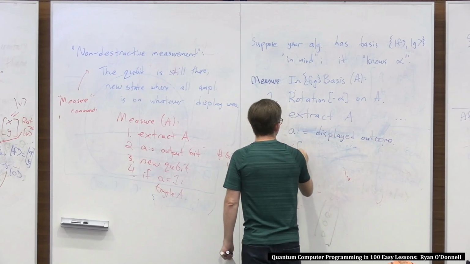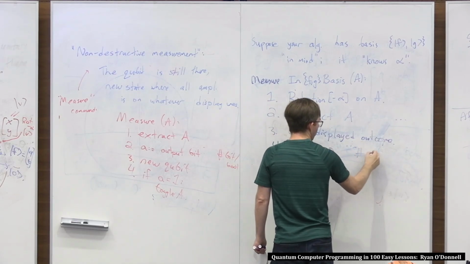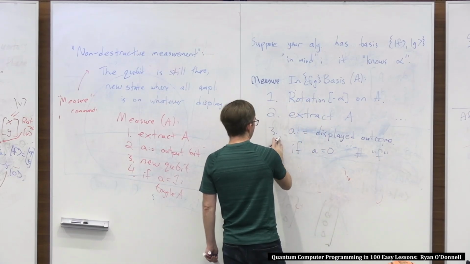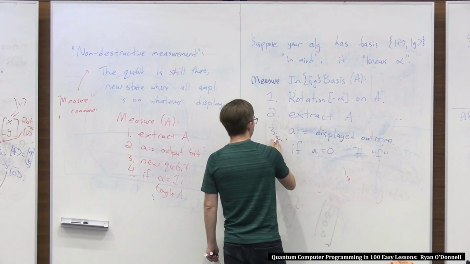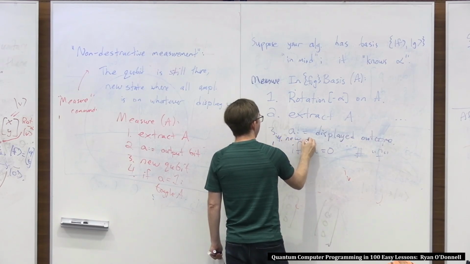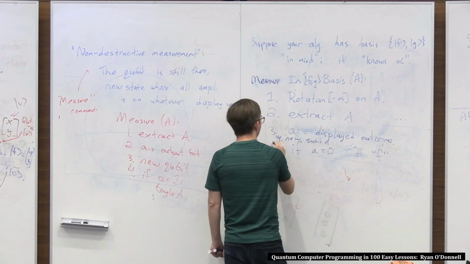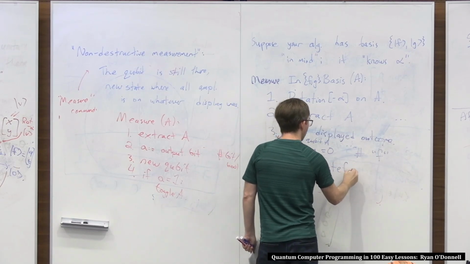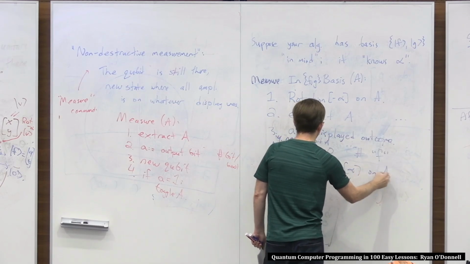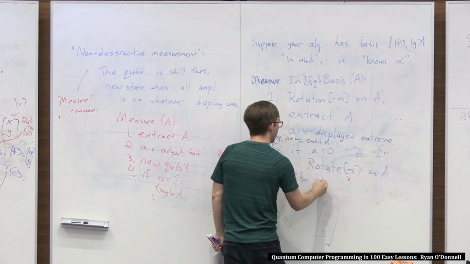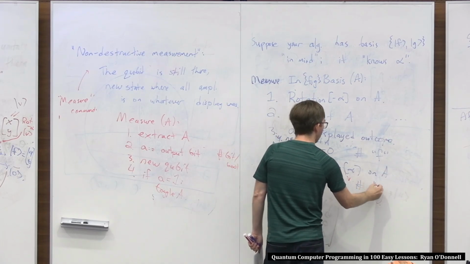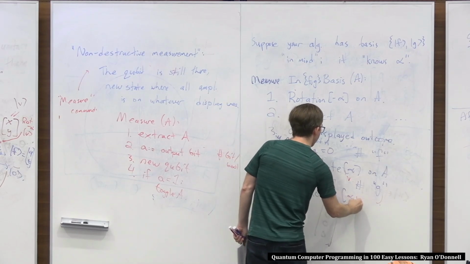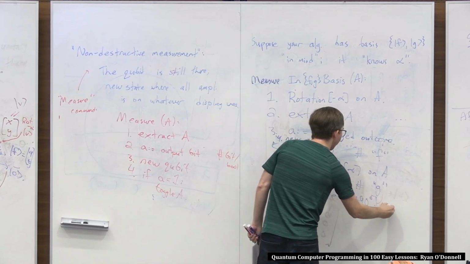And finally, if this A was 0, which corresponds to F, then, oops, we should stick a new qubit here. We'll remake A. Then we'll rotate by alpha on A. Else, if A was 1, which corresponds to G, then we'll rotate alpha plus 90 degrees on A.